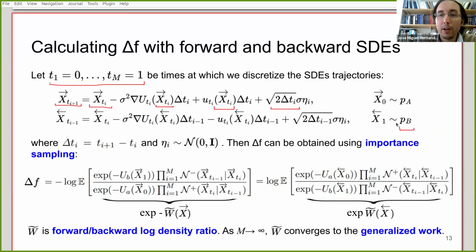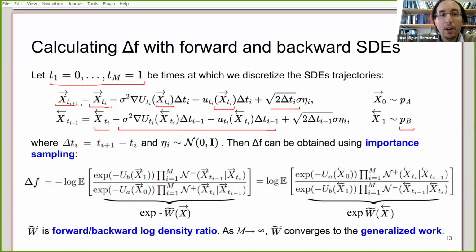And you can do the same thing backwards. You can start with a sample from PB at time value 1, and then you can run the backward SDE, which has its own drift given by these terms. This would be the mean of the next sample from the SDE.